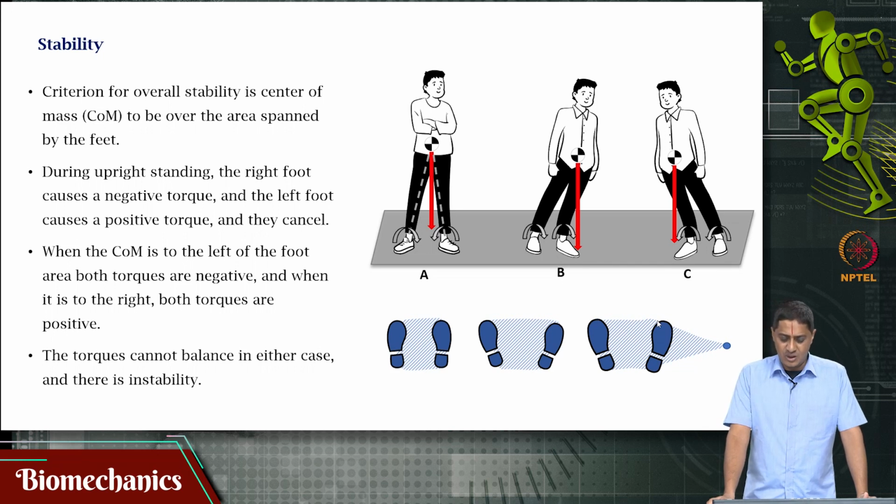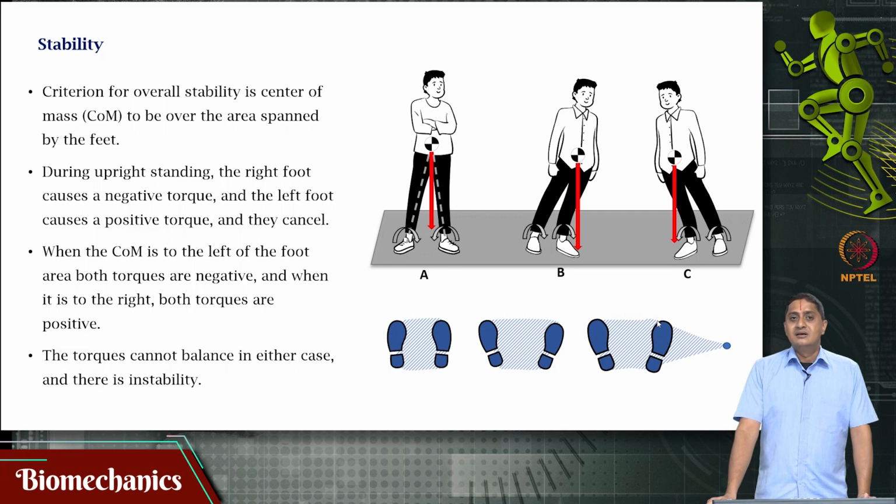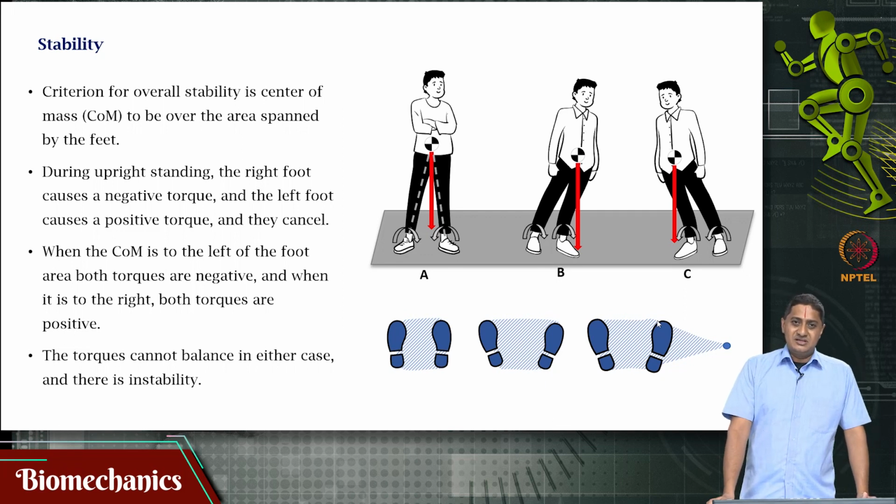So, how is this stability related to balance itself, or the sense of balance, or maintenance of balance? These are not necessarily the same topic. Okay, mechanical stability is what we are discussing. It does relate to balance, but it is not a synonym for balance. So, these are different.